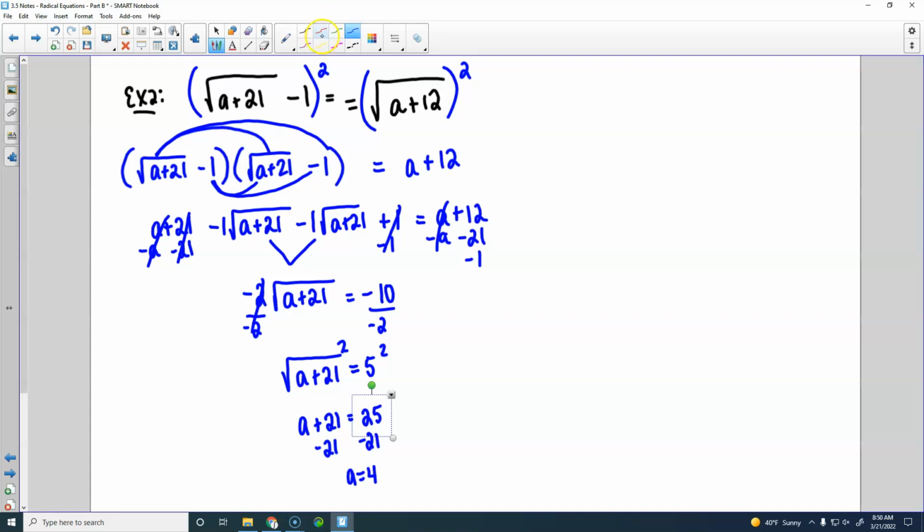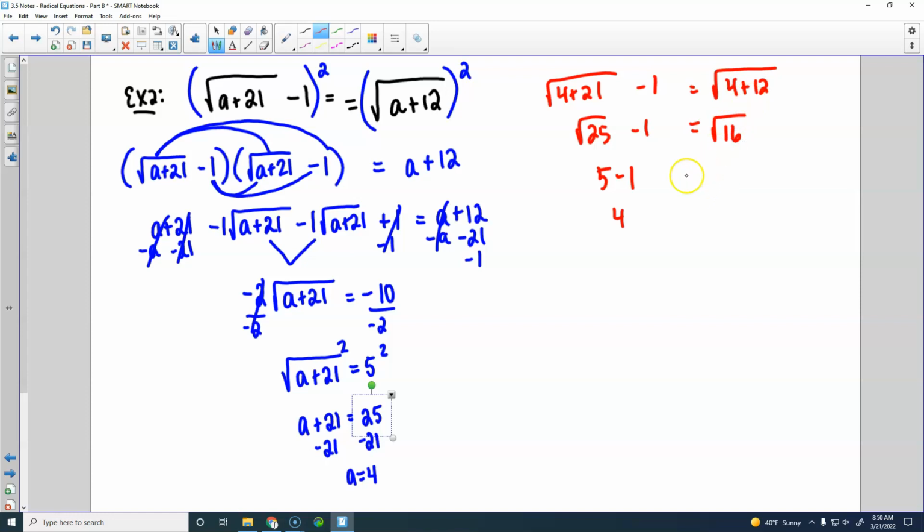So we got 4. Remember, for these, you do always want to check your answers to make sure it works. So 4 plus 21 minus 1, that's square root of 25, minus 1, so 5 minus 1 is 4. Over here, you got 4 plus 12, square root of 4 plus 12 is 16, which is also 4, so this will work out.